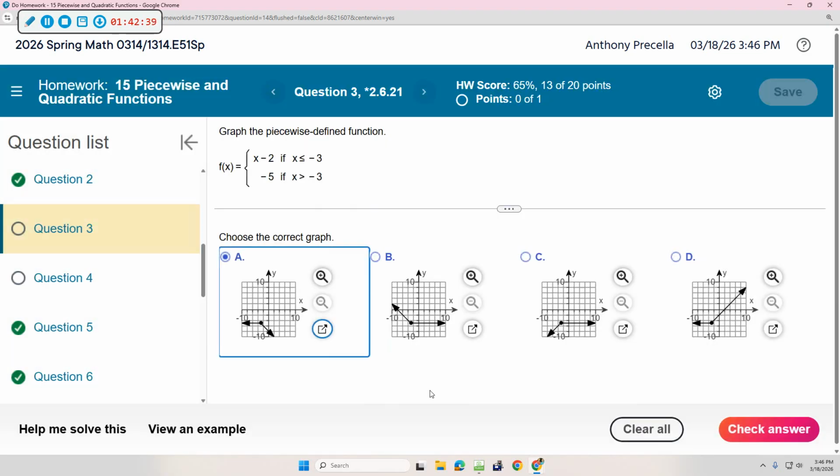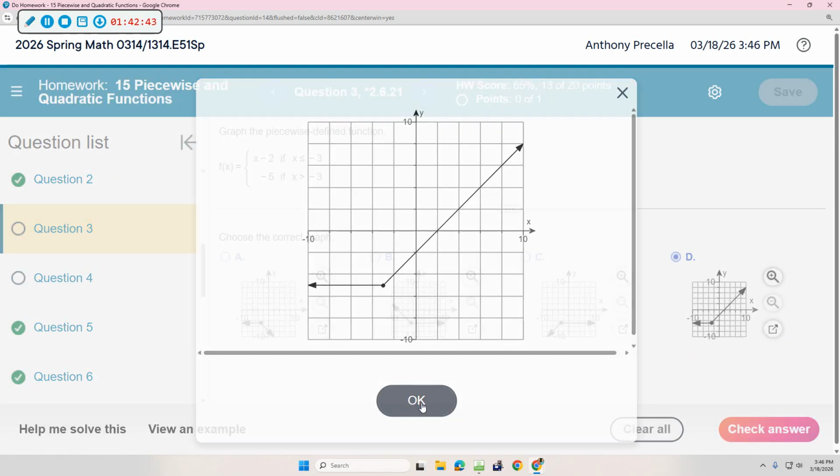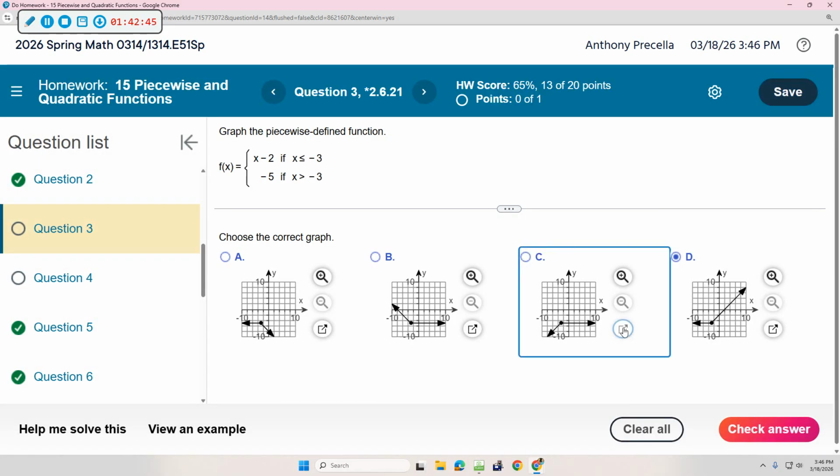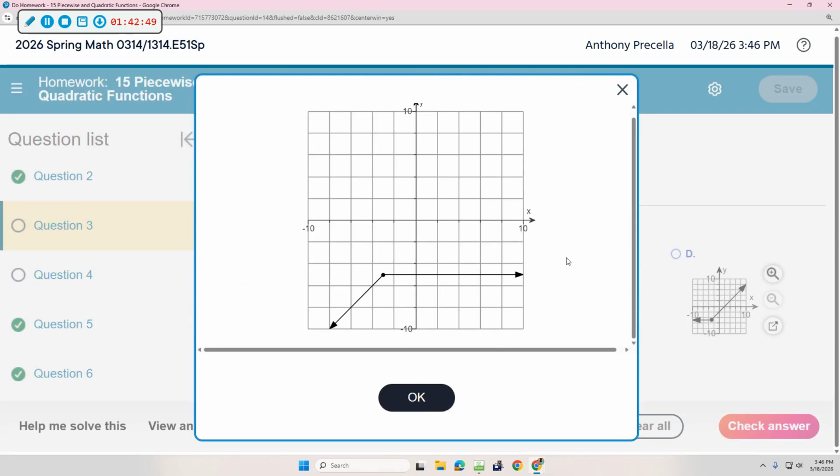No. Is it D? No. Has every one of these been C? If in doubt, just guess C. Yeah, there it is. Notice it has a closed dot at that vertex. Each little mark is 2. 2, 4. Oh, you're right. So there's 5. Okay, so C.